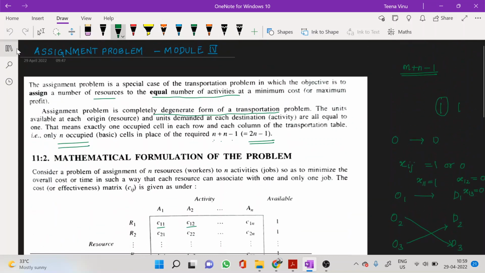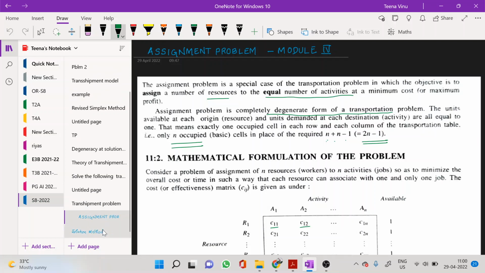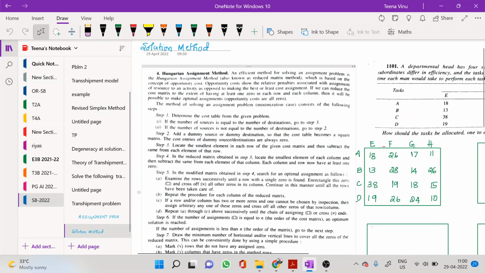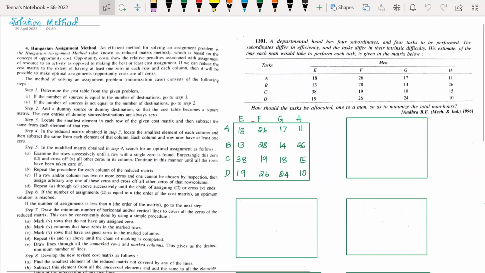Now let me take a particular question and let us see how this assignment problem can be solved. Now we are going to see the solution method. There are different methods for solution of the assignment problem.